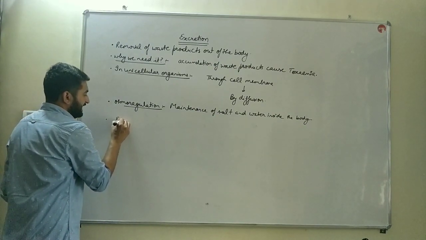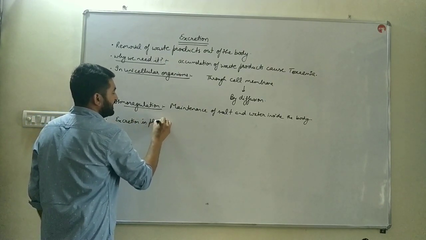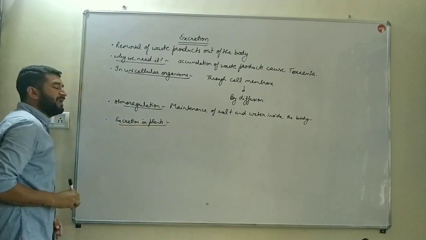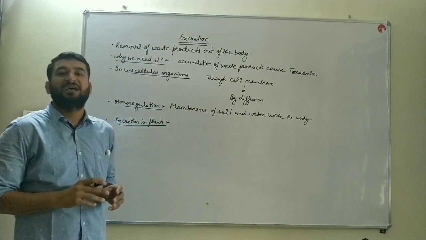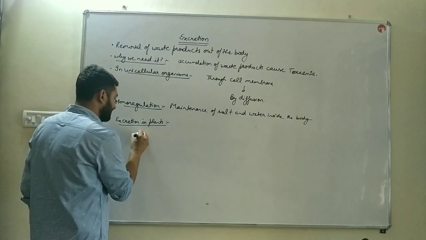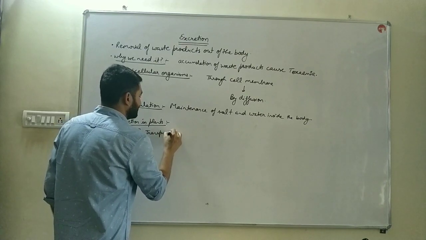Next, we'll discuss excretion in plants. It's a very important question for your board exam. Plants produce three types of waste: solid waste, liquid waste, and gaseous waste. First we'll discuss the removal of liquid waste, that is transpiration.